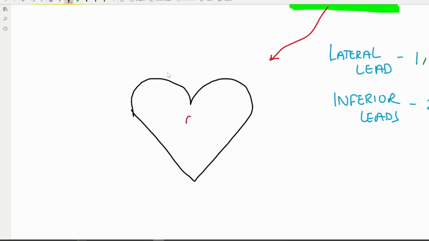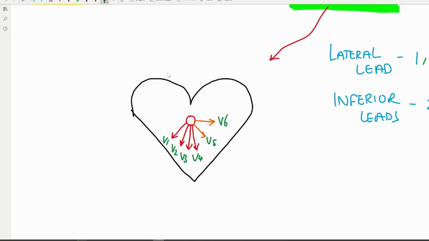Okay, so here is your central terminal, V1, V2, V3, V4, V5, and V6. V1 to V6 can actually split into two directions, okay? So let's actually put our precordial leads down, V4, V5, and V6.